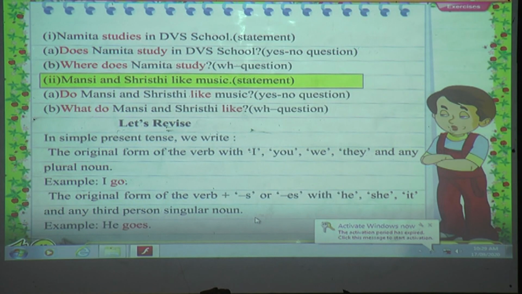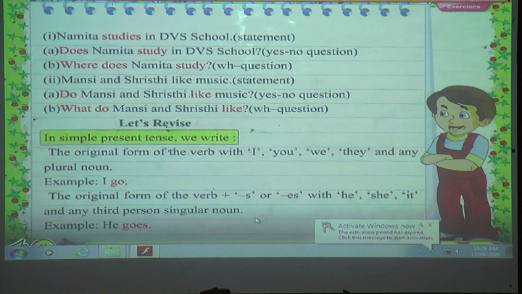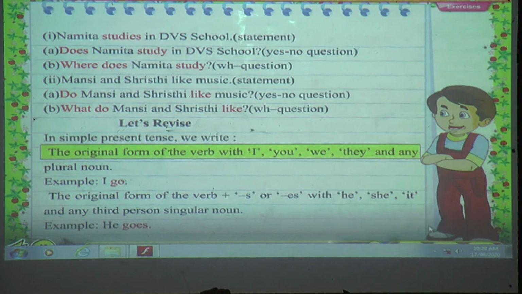Mansi and Shrishti like music. Statement. Do Mansi and Shrishti like music? Yes/no question. What do Mansi and Shrishti like? Verb question. Let's revise. In simple present tense, we write the original form of the verb with I, you, we, they, and any plural noun.